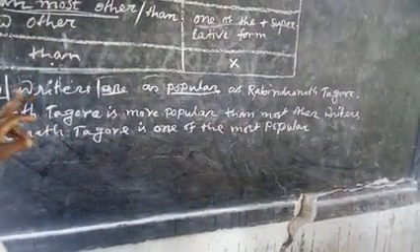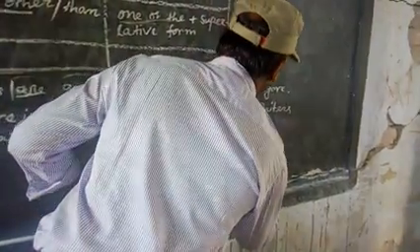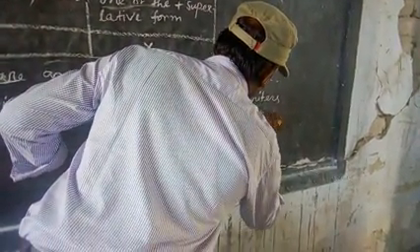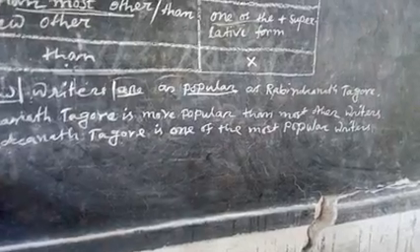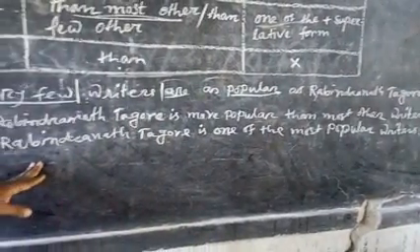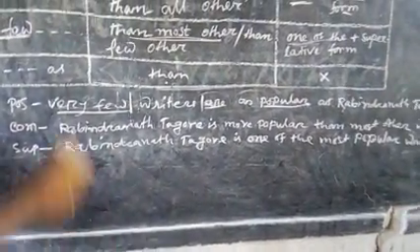And at last, after very few, before the verb, writers. Rabindranath Tagore is one of the most popular writers. Dear students, I hope all of you also understand this example.